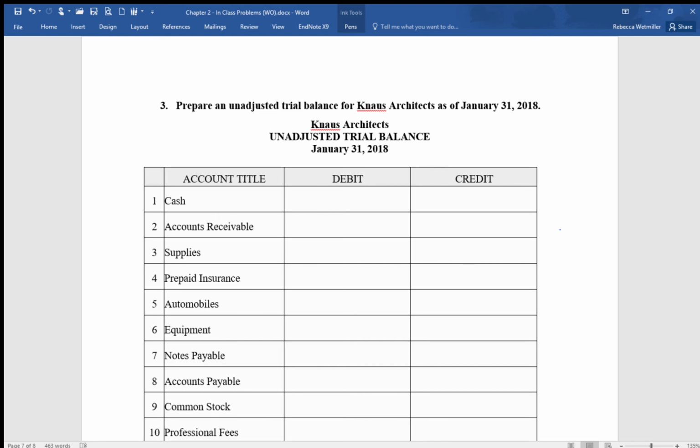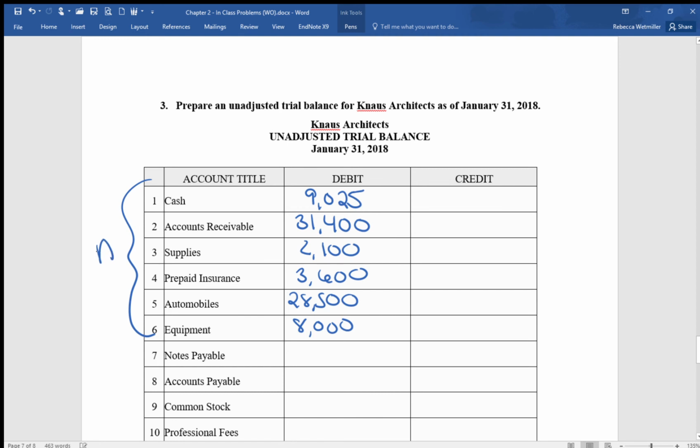So my end cash balance was $9,025. My accounts receivable was $31,400. My supplies were $2,100. My prepaid insurance was $3,600. My automobiles were $28,500. And then my equipment was $8,000. All of those together are my assets.